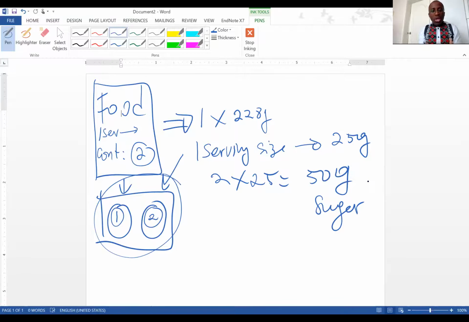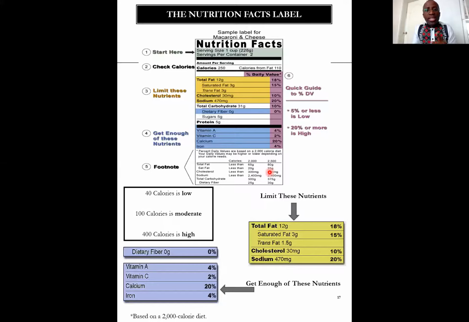Okay? So in this case, let me go back. So in this case here, if you look at our food label, serving size 228 grams, okay? It's what? It's macaroni and cheese, okay?